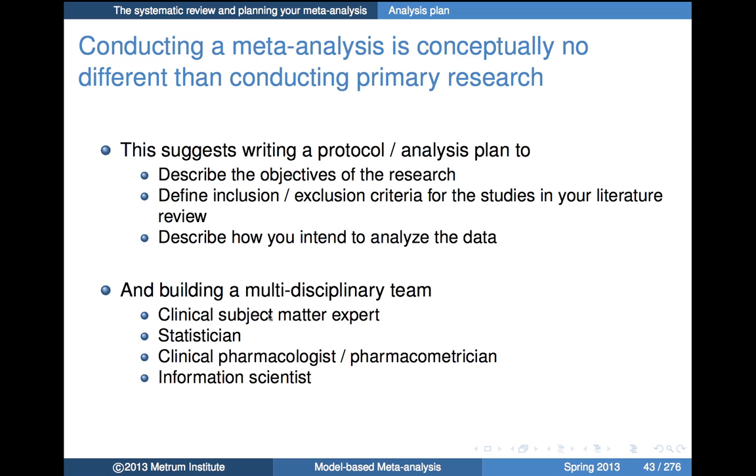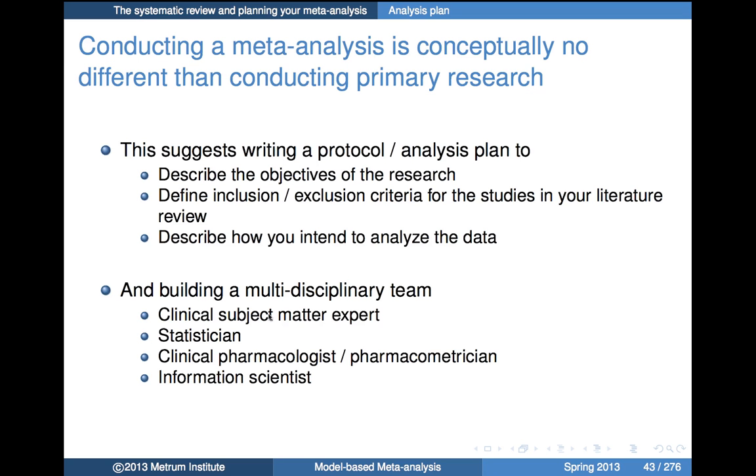And in the process of putting together that protocol for running a clinical trial, we do that with a multidisciplinary team that will include clinicians, statisticians, clinical pharmacologists, and operational scientists who help execute the clinical trial. In the context of doing a meta-analysis, we really should be thinking in the same broad sense, that in performing that, we should build a multidisciplinary team that includes clinical subject matter experts, statisticians, clinical pharmacologists, pharmacometricians, and information scientists to help with the literature search.